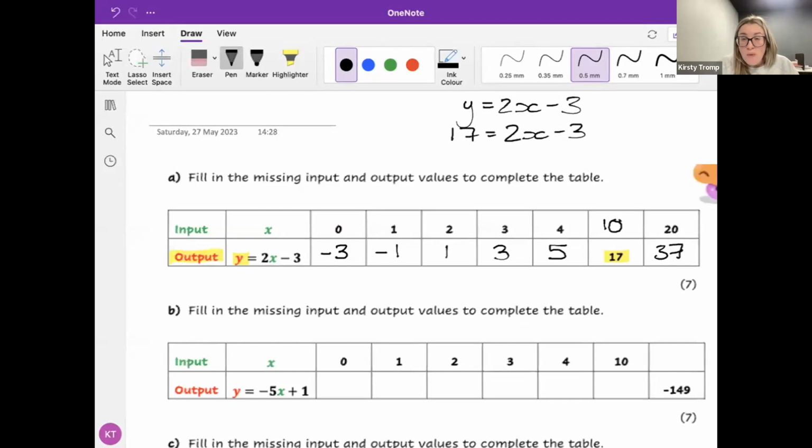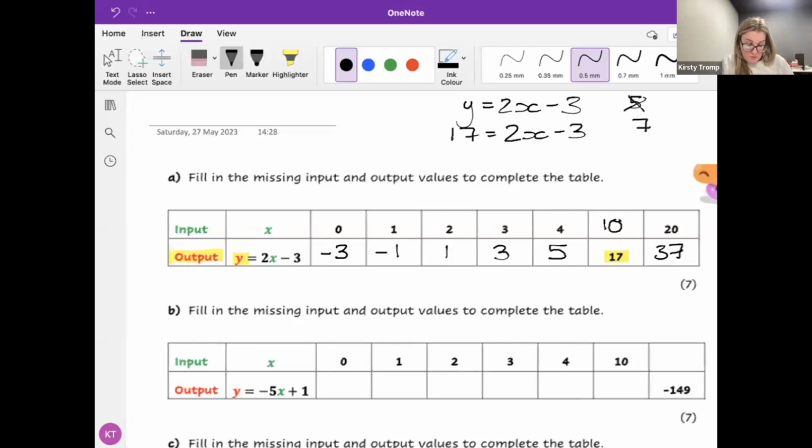So I went and tried x equal to 5. When I said x equals 5, I said 2 times 5 is 10 and 10 minus 3. That didn't work. So then I went up a bit higher. Let's go up to 7. 2 times 7 is 14, and 14 minus 3 gives me 11.